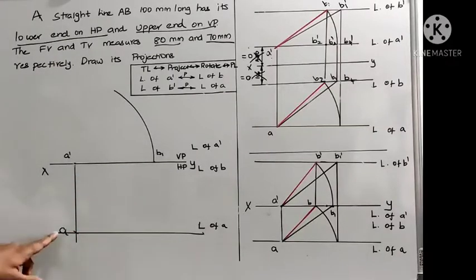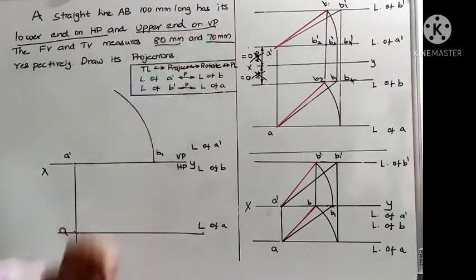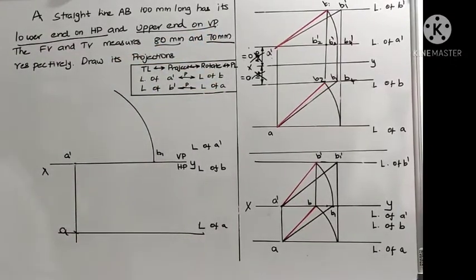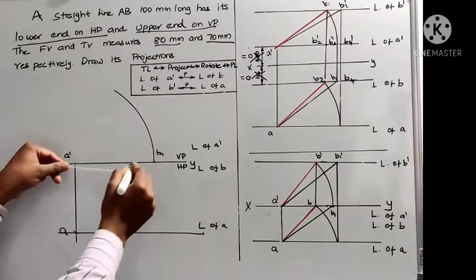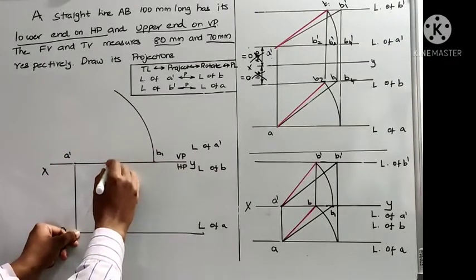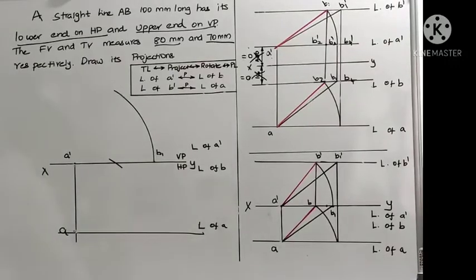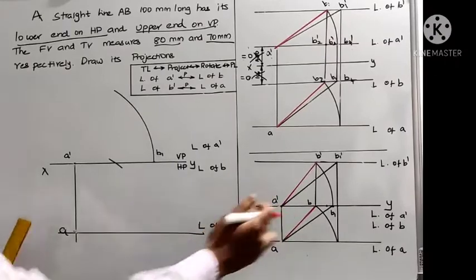Okay. So I know A and I know the top view length. So with that, I can directly plot my top view. So something like this I can plot. Okay. So by doing this, I will get the top view.